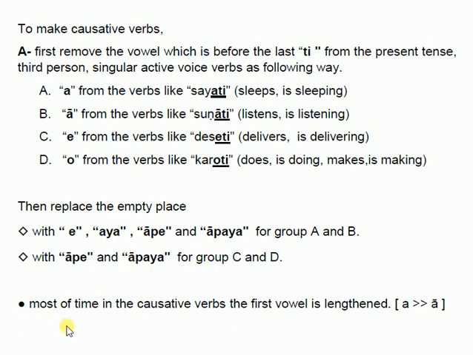And here's another thing. Most of the time in causative verbs, the first vowel is lengthened. That means if our first vowel is A, it becomes long A. So let's see here. Let me show you.